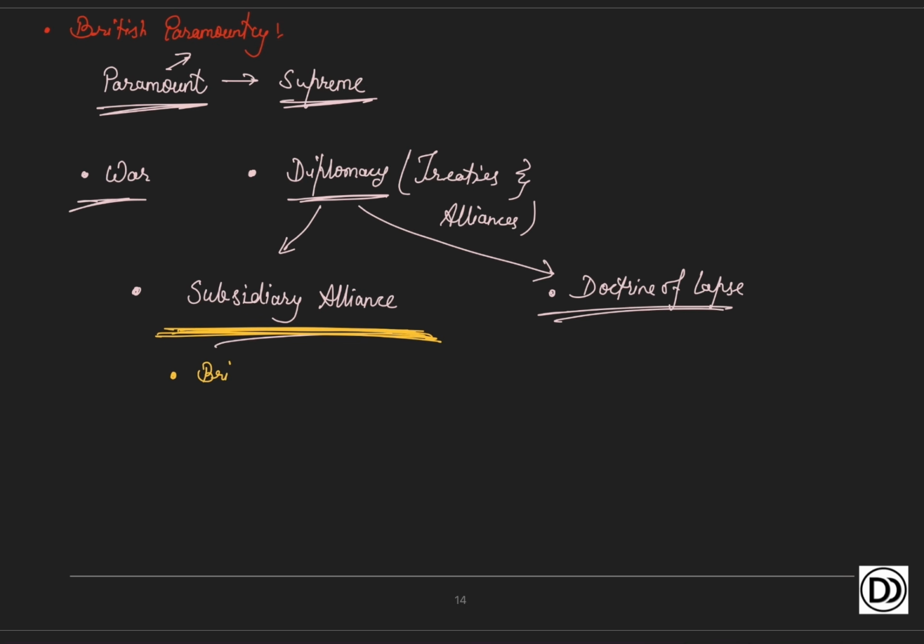British force stationed inside the ruler's territory.